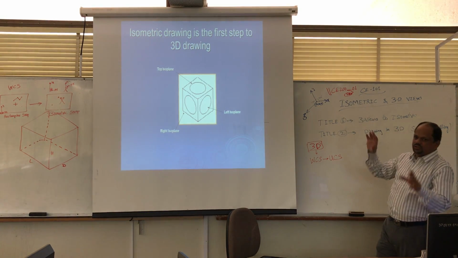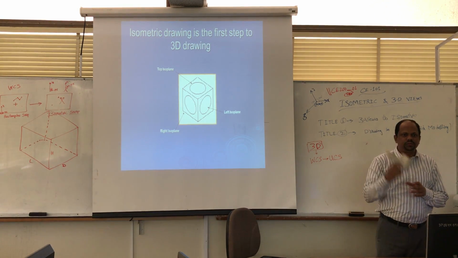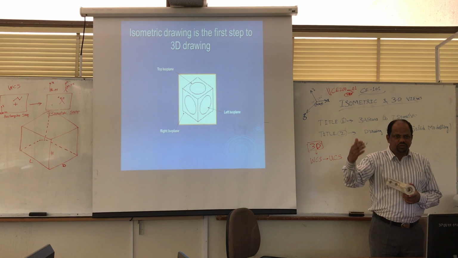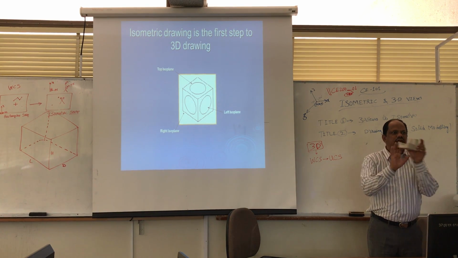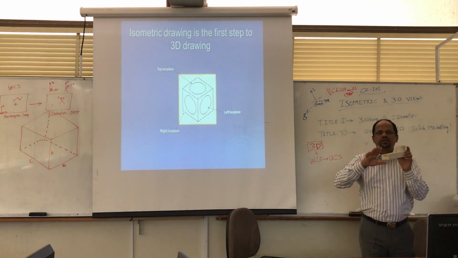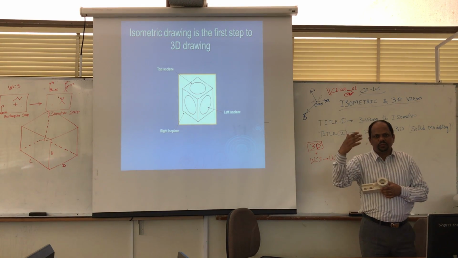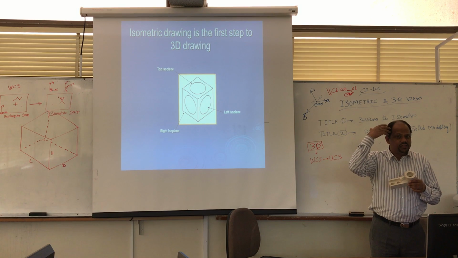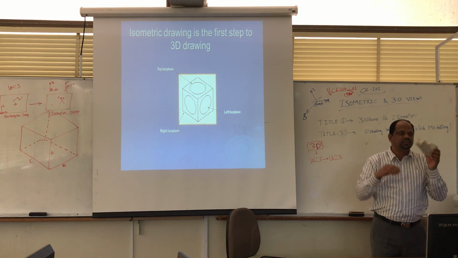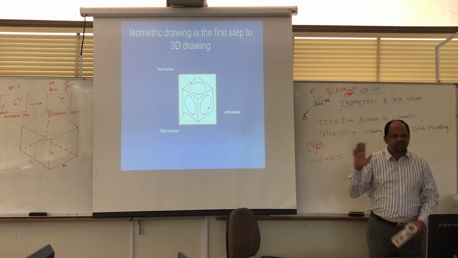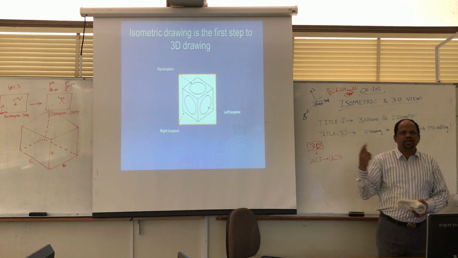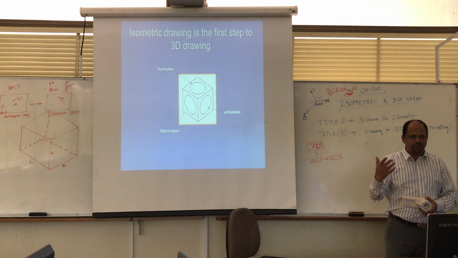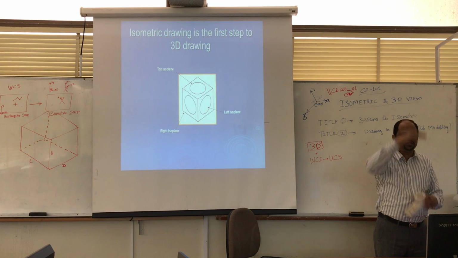When we want to draw any object as a three-dimensional object, it is better from a learning point of view to know how we draw an isometric view. If that part is clear, 3D drawing, perception, and visualizing 3D become easier. So in drawing, we consider isometric drawing an initial step towards 3D.